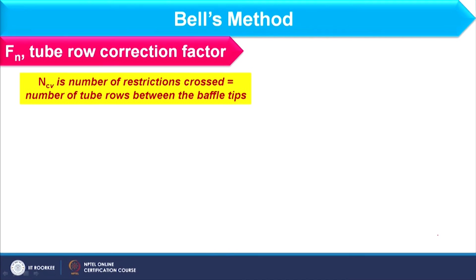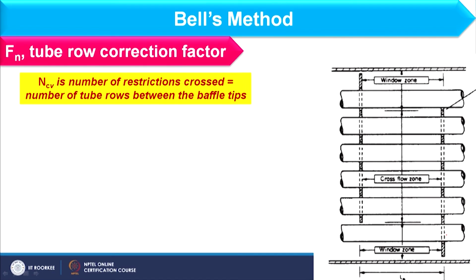So, first of all we have to find how to compute NCV, and so we can calculate Fn, that is tube row correction factor. To understand that, we consider this schematic where number of tube rows are basically these. Okay. So, that is available between two baffle tips, one tip is this, one tip is this, right. And here we have this window zone, and in between baffle tips we consider cross flow zone.